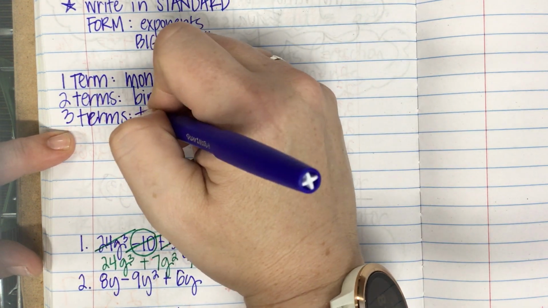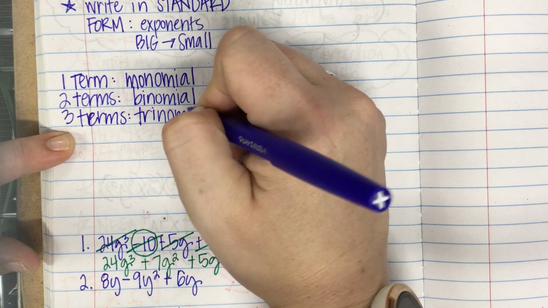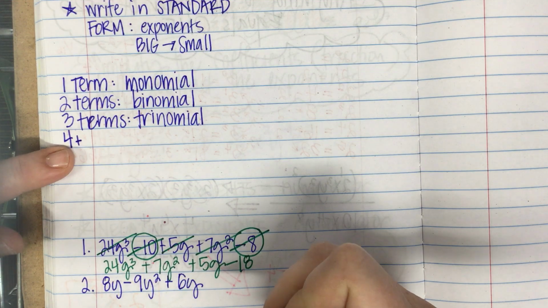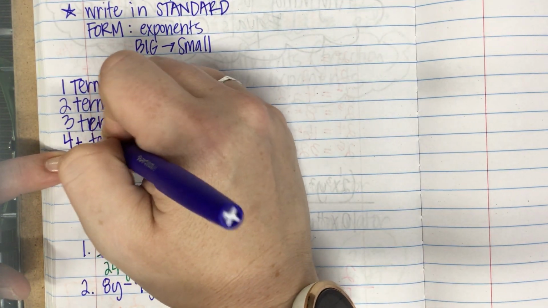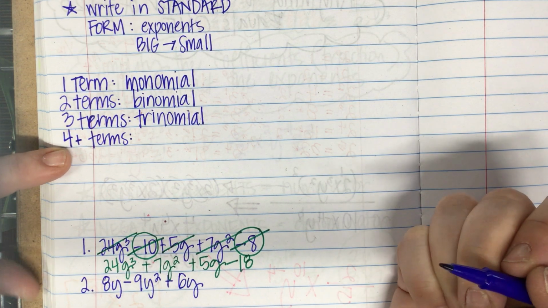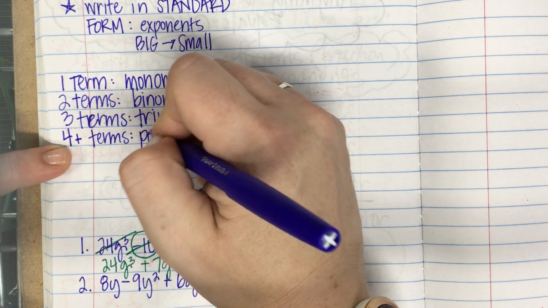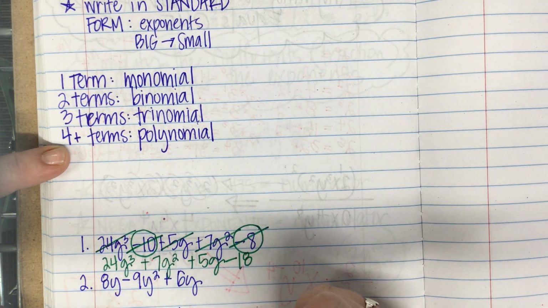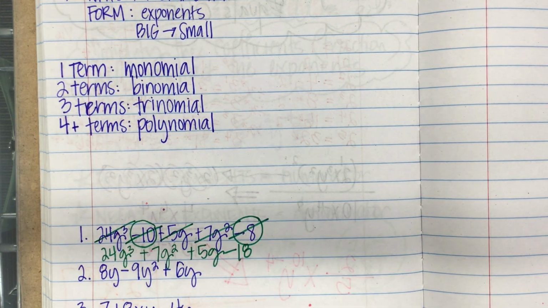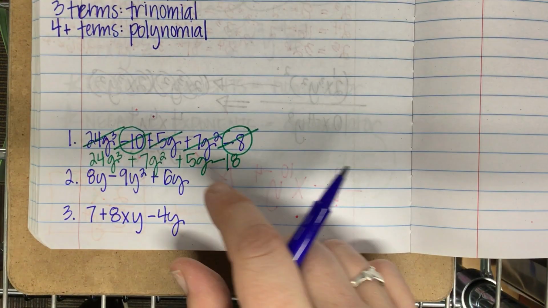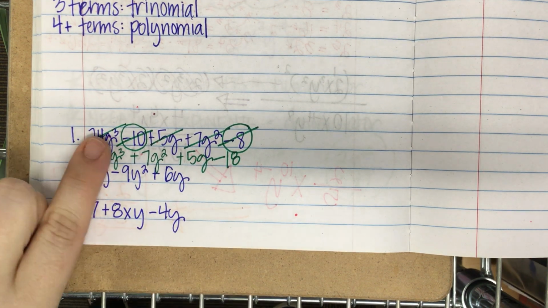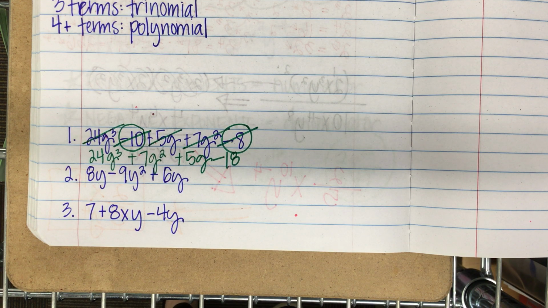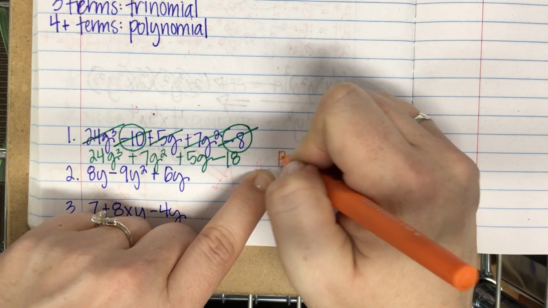Tri. And if it's four or more, 4 to infinity, it is a polynomial. So, problem 1, I heard has 1, 2, 3, 4 terms. So it is a polynomial.